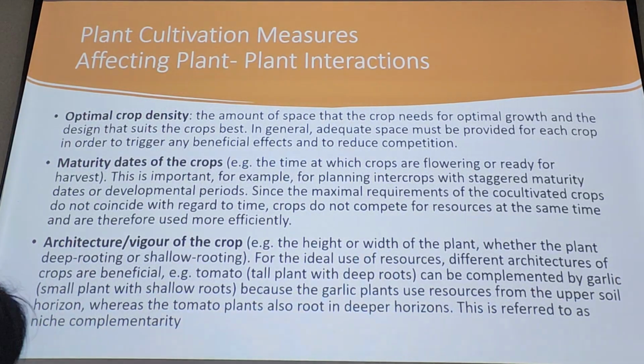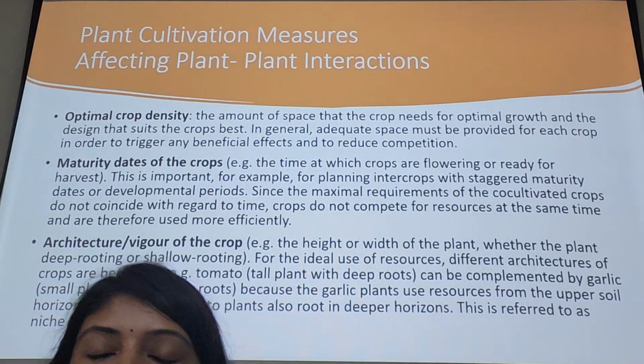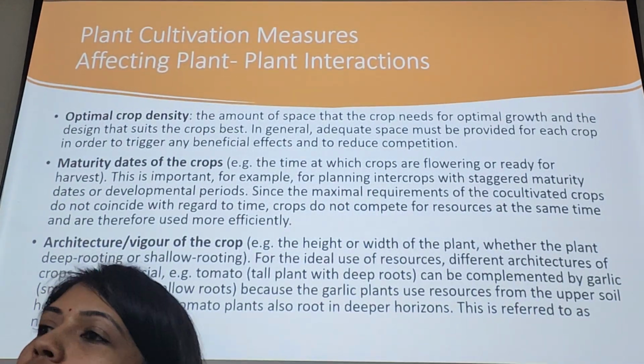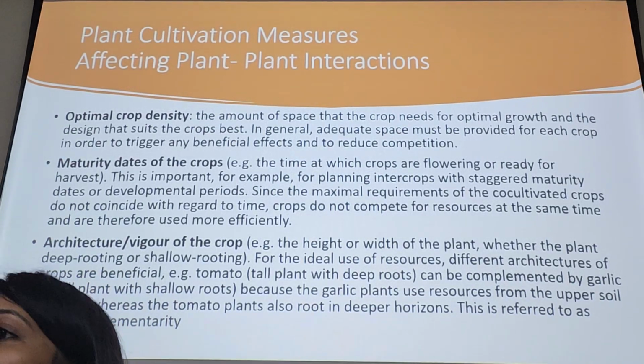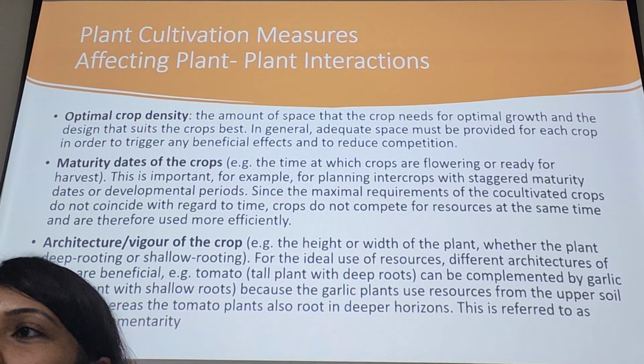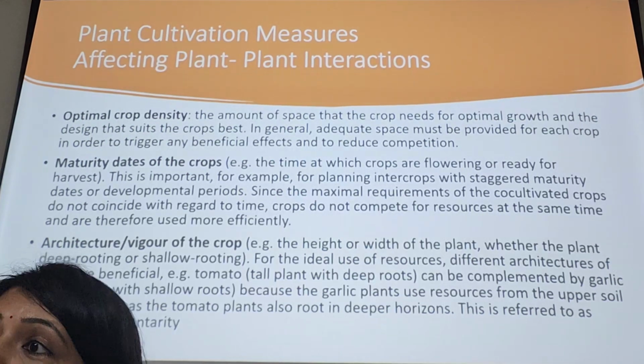The second one is maturity dates of the crops. The dates when the flowering happens or when the crops are ready for harvest, we have to take into consideration because each crop has different nutrient requirements at each of these growth stages. So we don't want the plants to compete with each other when they are going through the same phase.